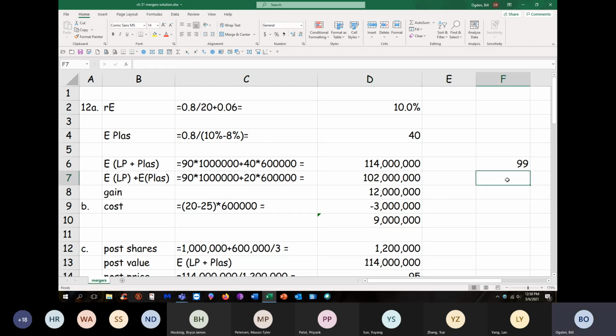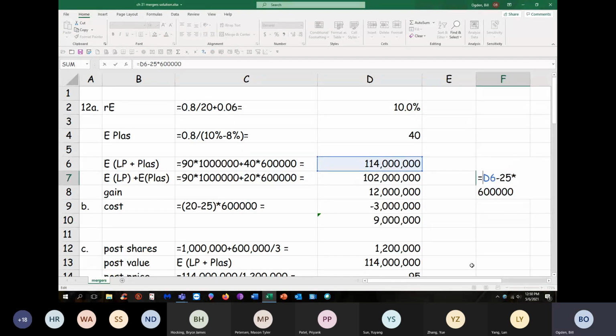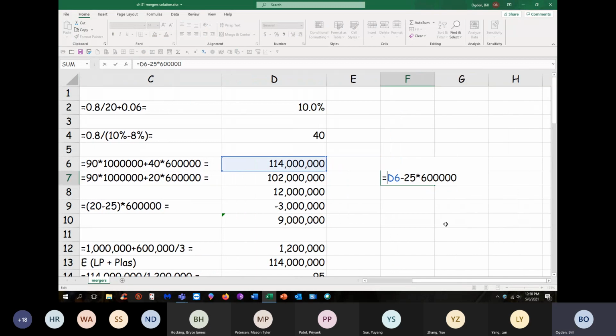And the way your book would show you to do the same thing would be to say that the merged entity is worth 114 million, and then we'll subtract the $25 per share that LP paid for PLAS, so that's 600,000 shares. And then we'll parenthesize this difference and divide it by a million shares.